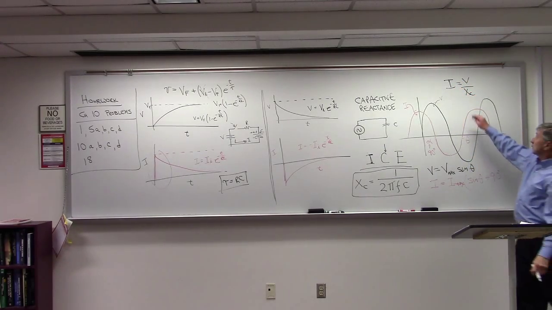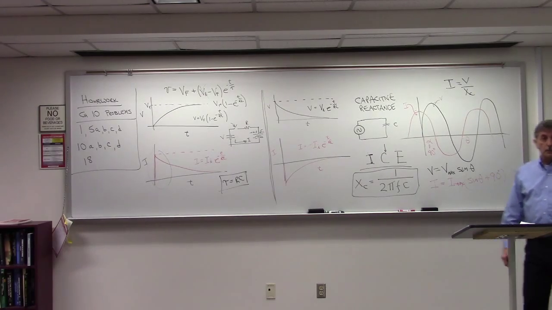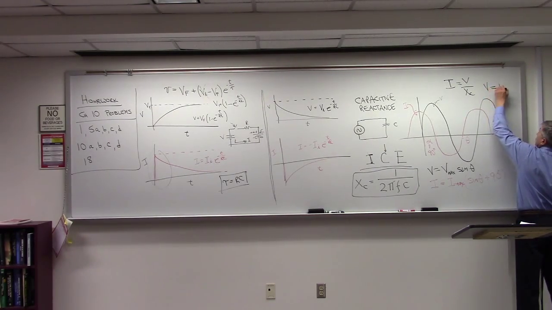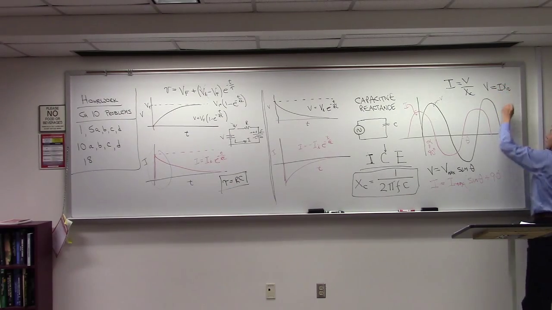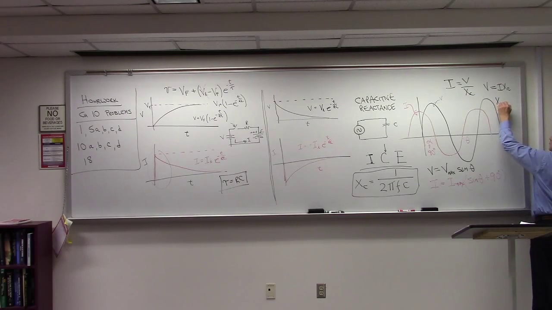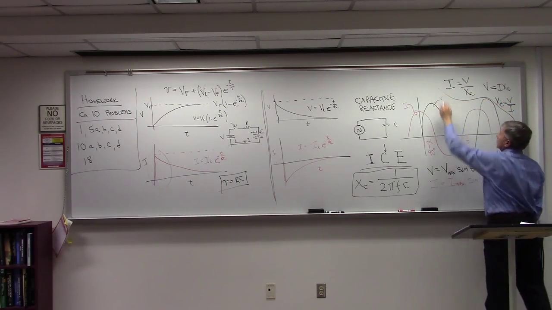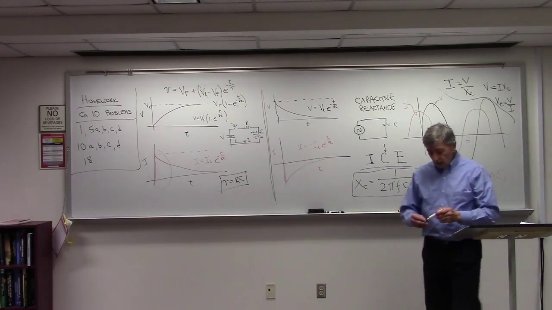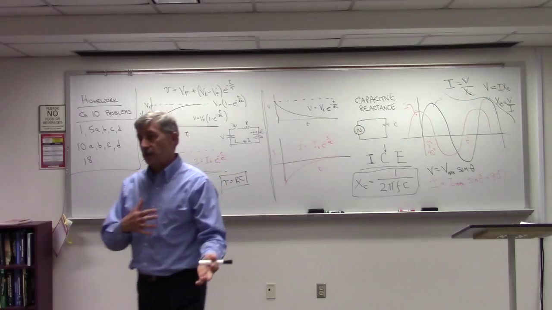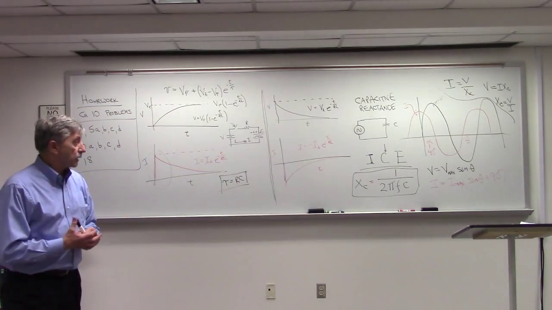That would normally be I equals V over R, but you just put XC there. V equals I times XC. And XC equals V over I. So it's the same equations as the typical Ohm's law equations for resistors.